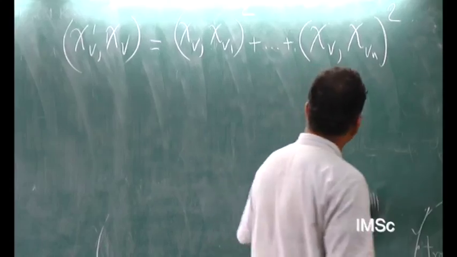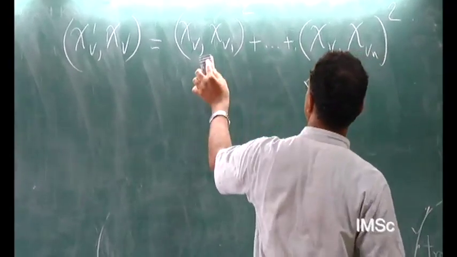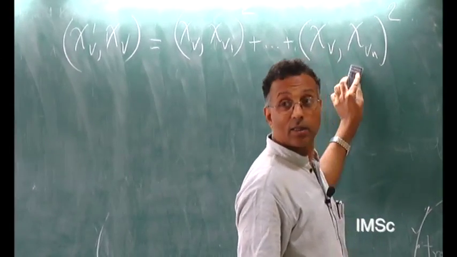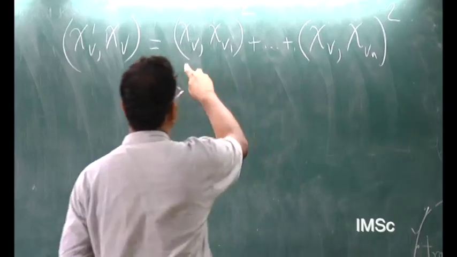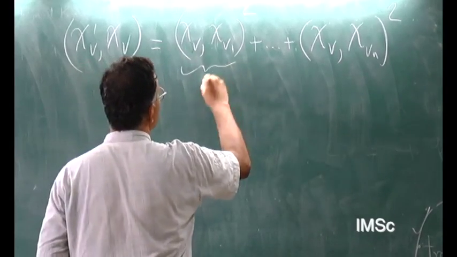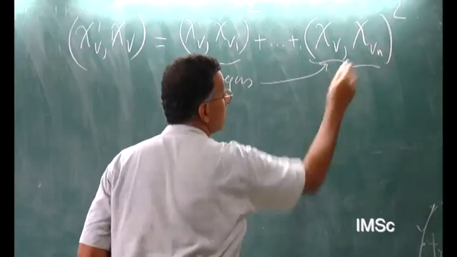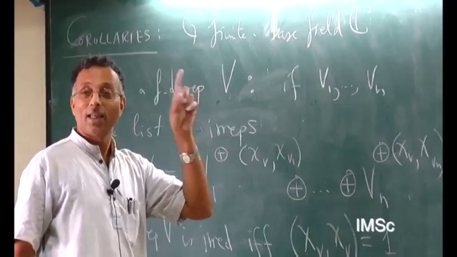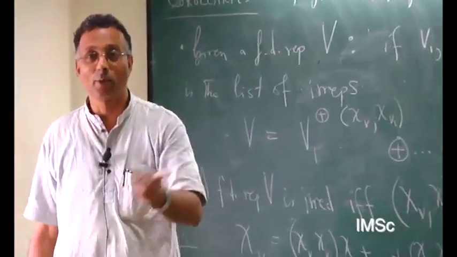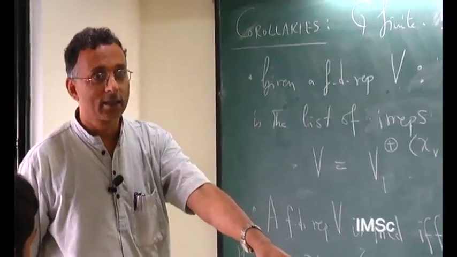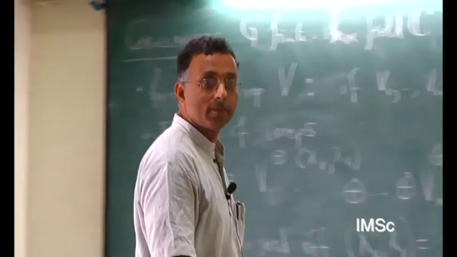So to say that this is 1 means that only one of these is nonzero, and these are all integers, mind you. These are integers because they represent the number of times the irreducible representation occurs in that decomposition.